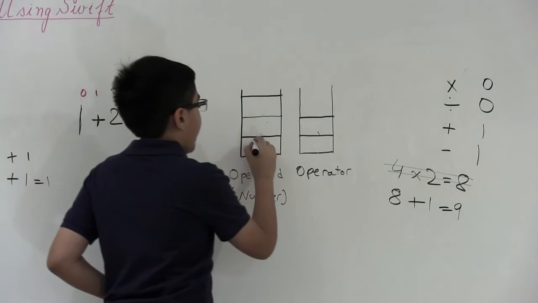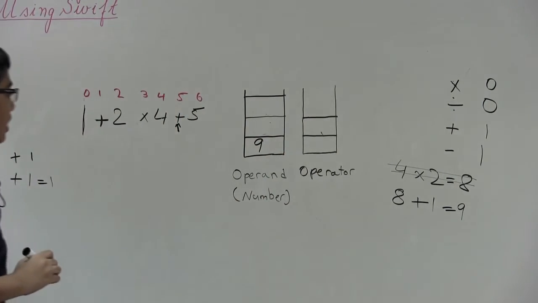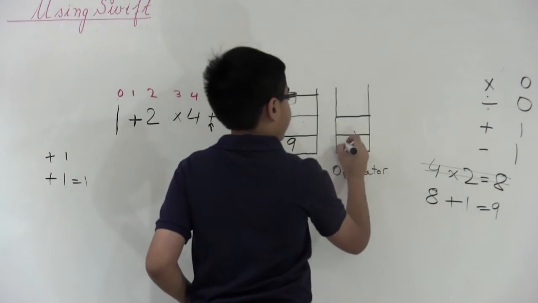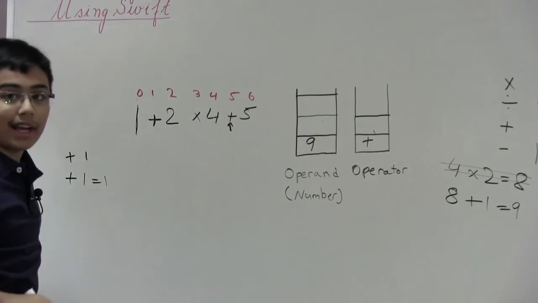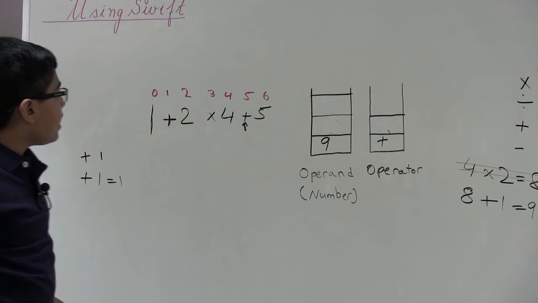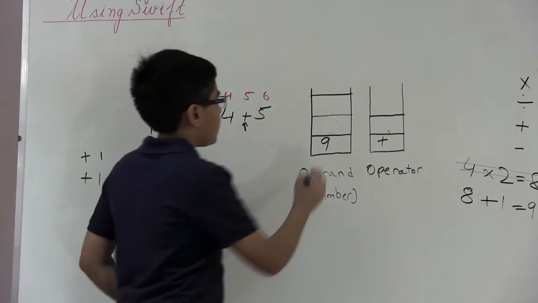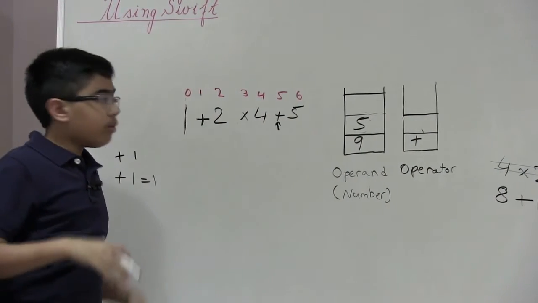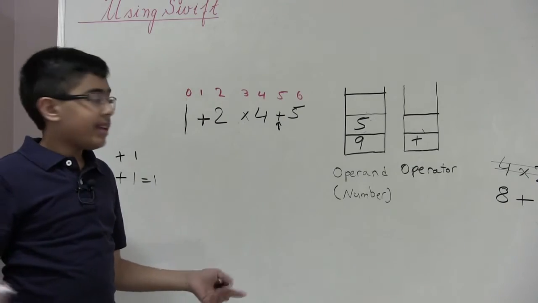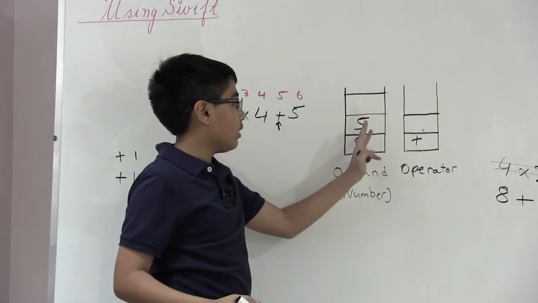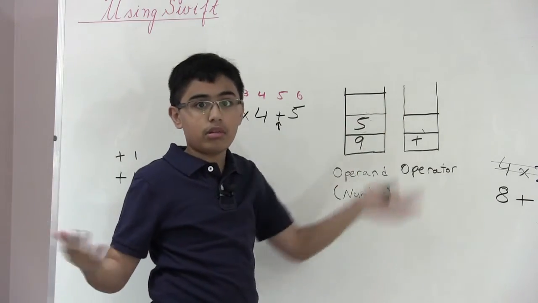And so we put a 9 into our operand stack, and then we see there's a plus, so we just put a plus onto our operator stack, because that needs to go there no matter what. Then we see a 5, so we put it onto our operand stack. Now we realize that the question is over, so the few remaining operators in the operator stack we're going to apply here, just like we did in postfix, though not exactly.